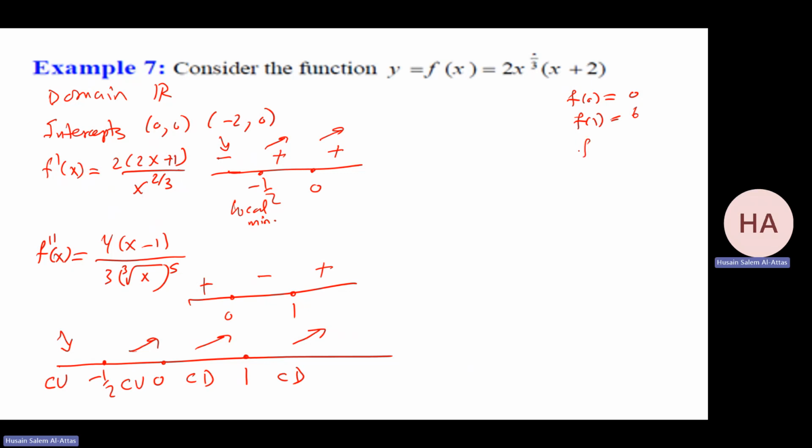F of minus half, it will be a positive value also, or a negative.